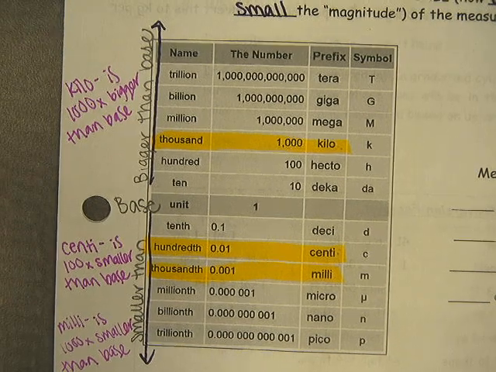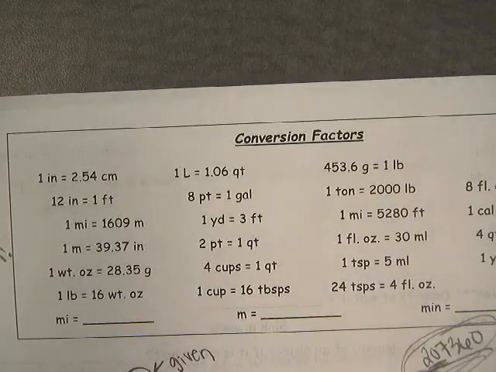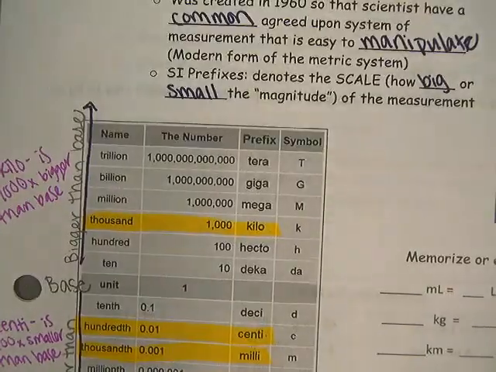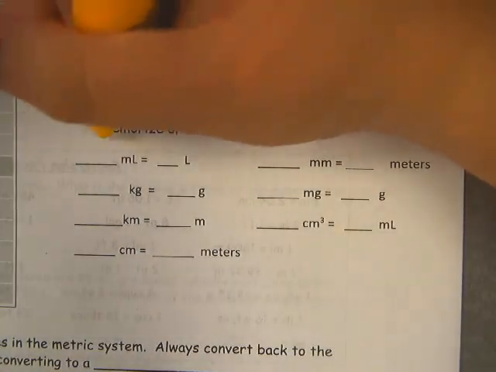When I say conversion factor, I'm talking about basically these charts up here. I'm not going to give you the conversion factors for any of the ones I ask you to memorize. So let's go to this little part here. I want you to memorize them.